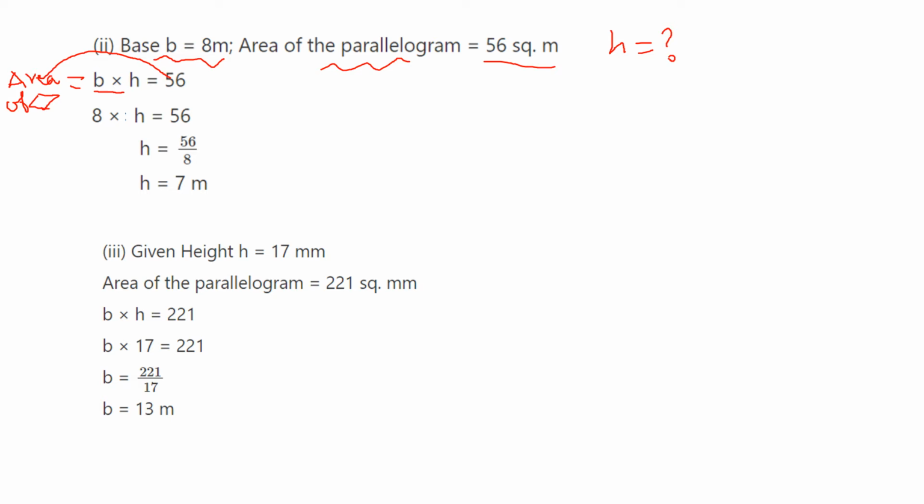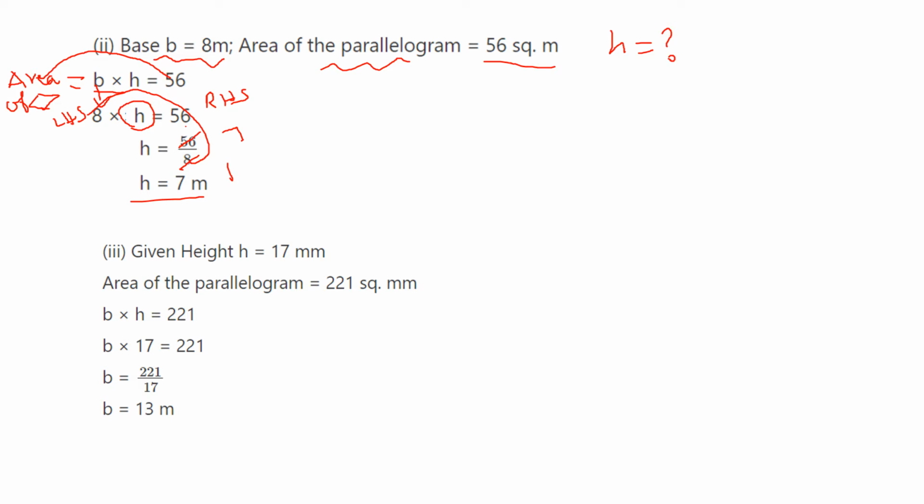So substitute B, base 8. 8 into H, which we have to find, equal to 56. This is the left hand side equal to the right hand side. So the 8 on the left hand side will come to the right hand side as divide. So H equal to 56 by 8. Cancel it with the 8 table: 1 8 is 8, 7 8s are 56. Therefore H equal to 7 meter.